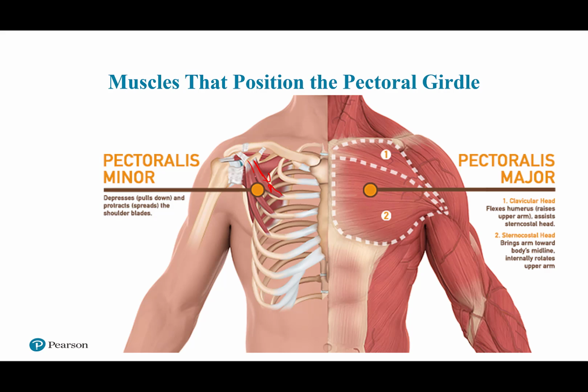When it contracts, it would shorten these fibers, and when it shortens, it's going to pull the scapula toward the front, what we consider as shoulder protraction. Protract your shoulder anteriorly.